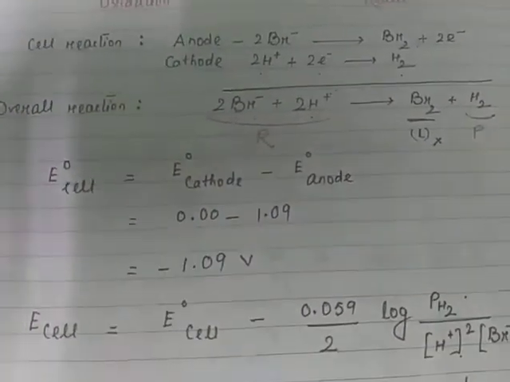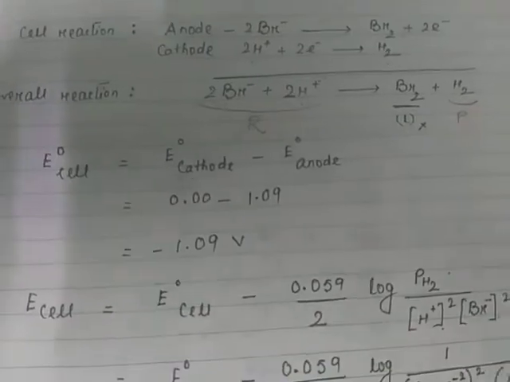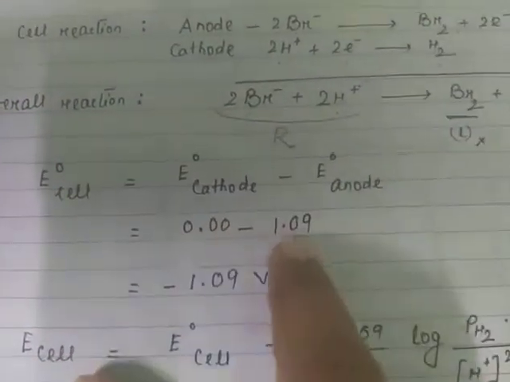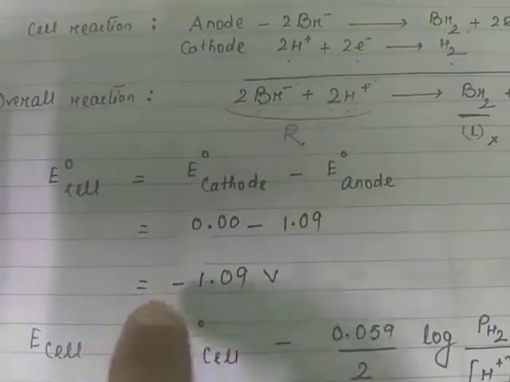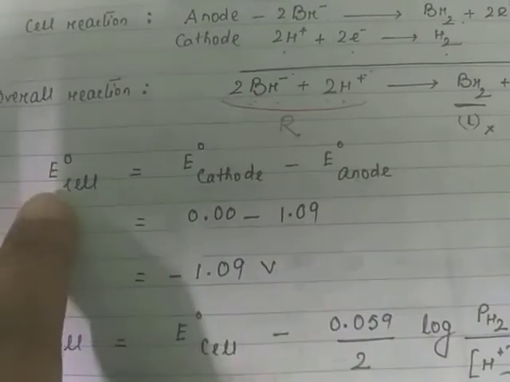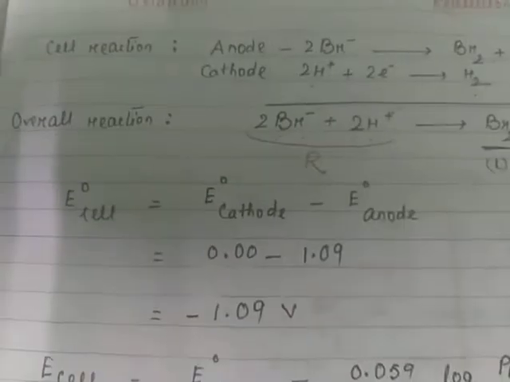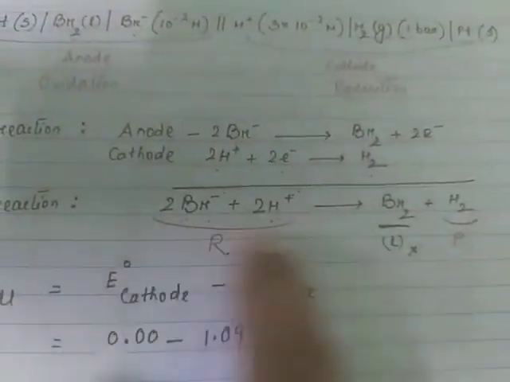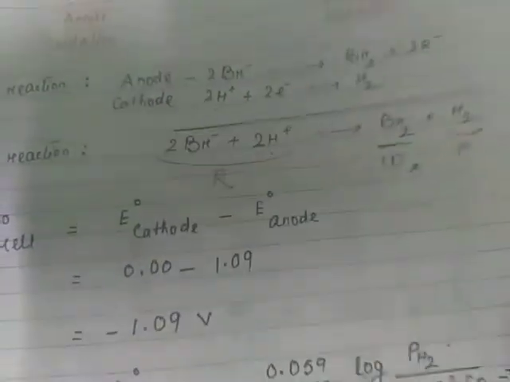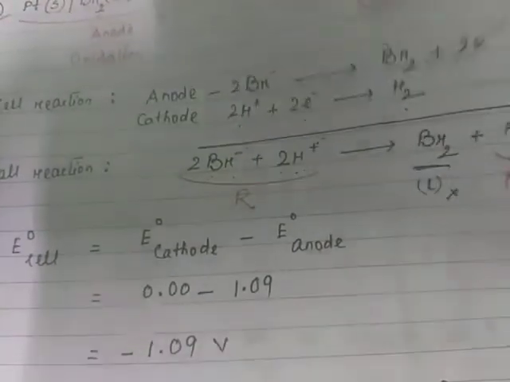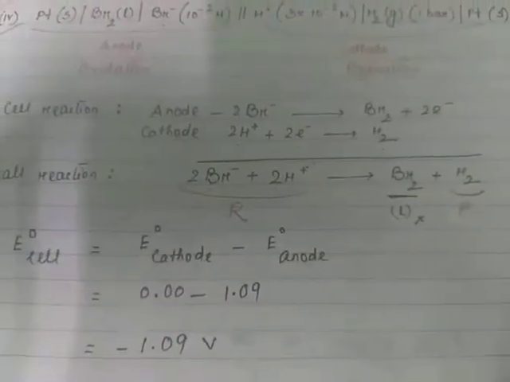E naught cell is equal to E naught cathode minus E naught anode, which is equal to, for hydrogen, 0 minus 1.09. So the overall standard cell potential is negative, which suggests that this reaction is not feasible spontaneously, that is, without the help of any external aid the reaction will normally not occur.